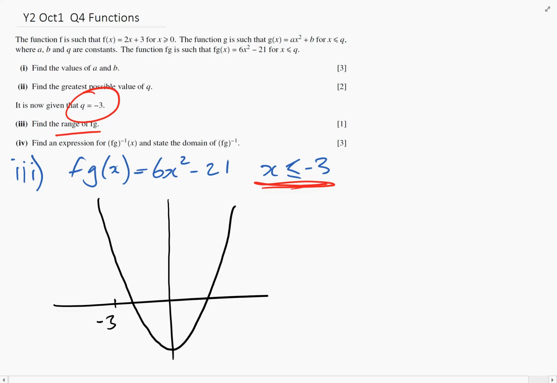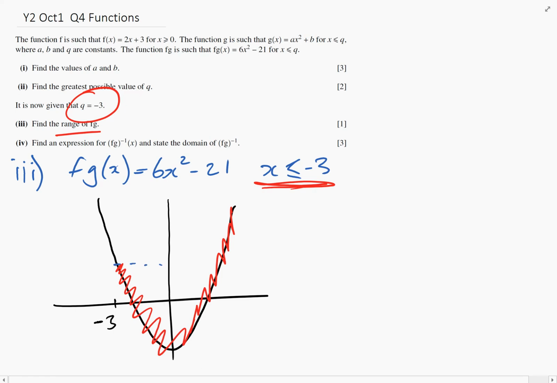Now, since it's only defined for x less than or equal to minus 3, we can scrap all of this. None of this fits the domain. So what we need to do is find this y value.